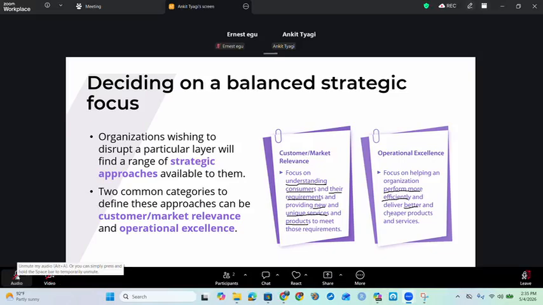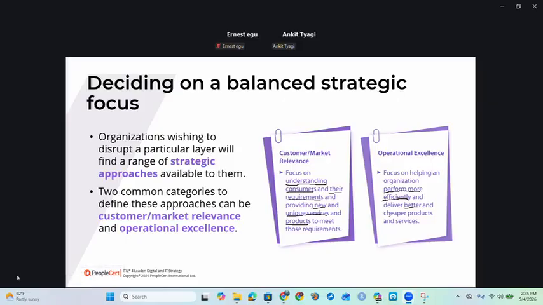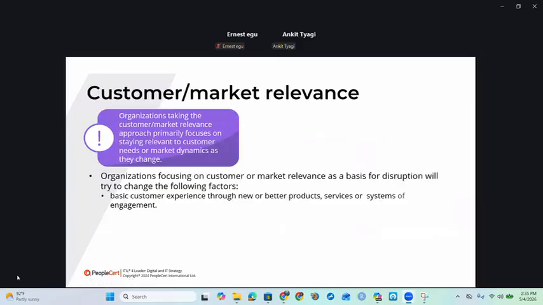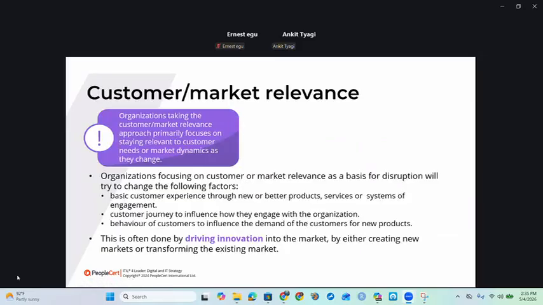So like I was saying, customer or market relevance is more focused towards the customer requirements and the market dynamics that we have. And operational excellence is more focused towards how we can perform more efficiently. Furthermore, organizations taking the customer or market relevance approach primarily focus on staying relevant to the customer needs and the market dynamics as they change.